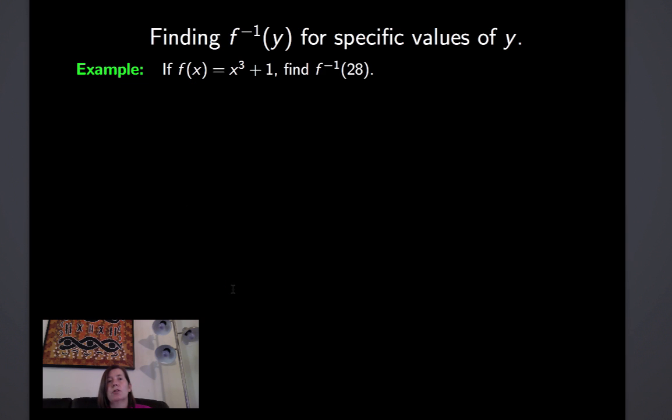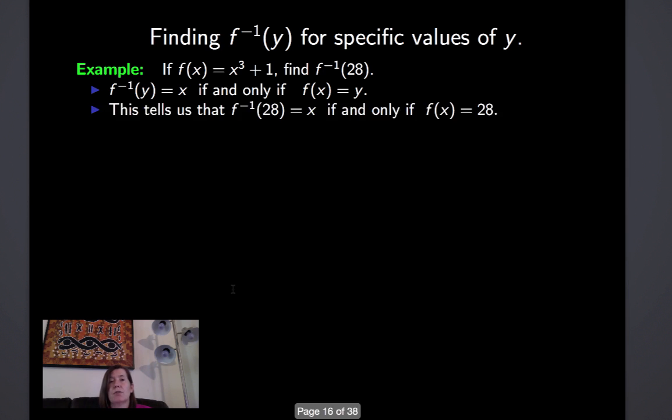Here's the solution. If f of x is x cubed plus 1, find f inverse of 28. Well, we first write down the equivalence of equations. F inverse of y equals x is the same as saying that f of x equals y.